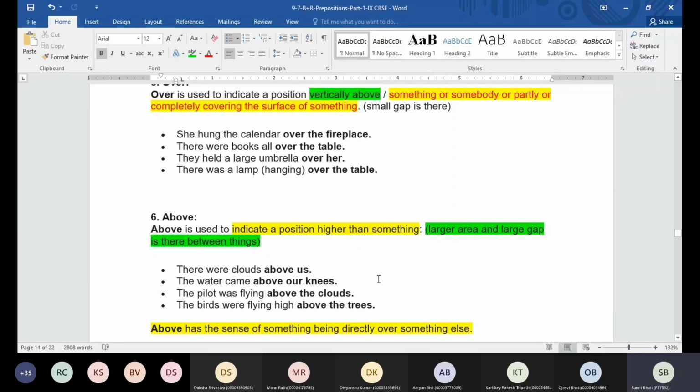So again we are referring to the position. It's just the opposite of the word below. The pilot was flying above the clouds. So at the bottom there were the clouds, and on the top there was the pilot. The birds were flying high above the trees. So at the bottom there were trees, and with a huge gap between the two things, there were the birds.